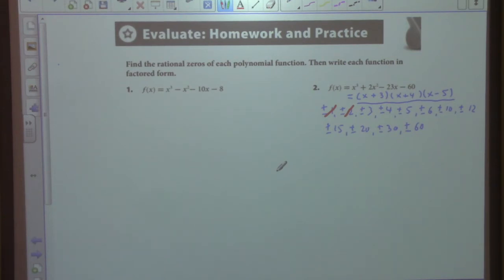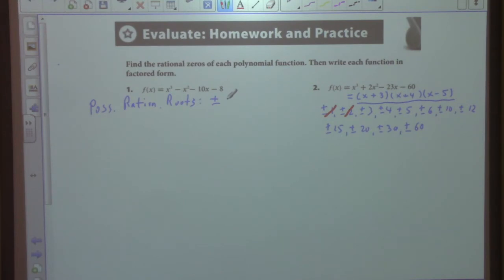Okay. So the possible rational roots. What are they going to be? They're going to be plus or minus factors of 8. So what are your factors of 8?